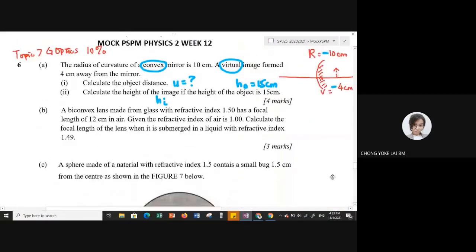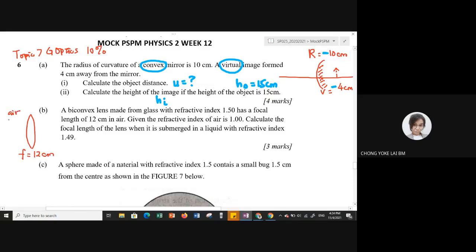Question B, I give you a bi-convex lens made from glass with refractive index 1.5 having a focal length of 12 cm in air. Okay, I have a bi-convex lens. Bi-convex means dua-dua belah tu cembung lah, macam ni, bi-convex lens. Okay, so saya beritahu you, focal length dia adalah 12 cm when I put it in air.